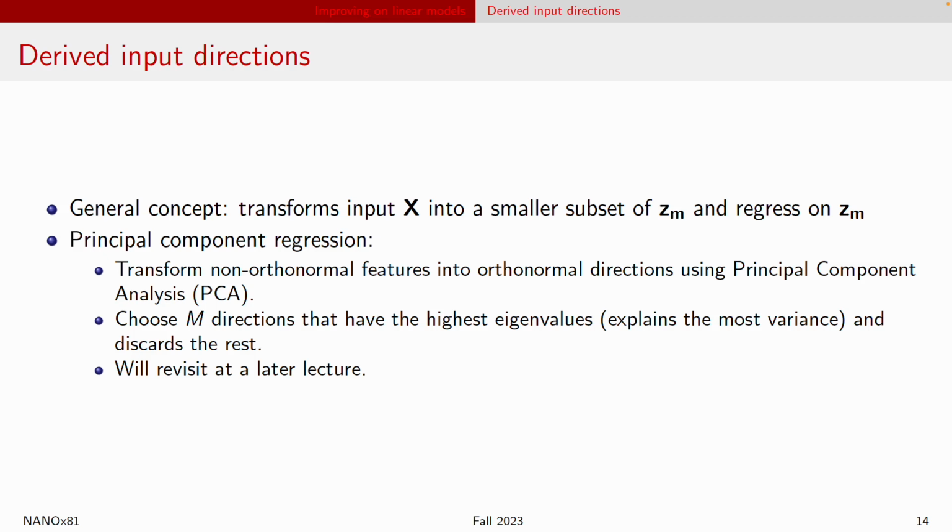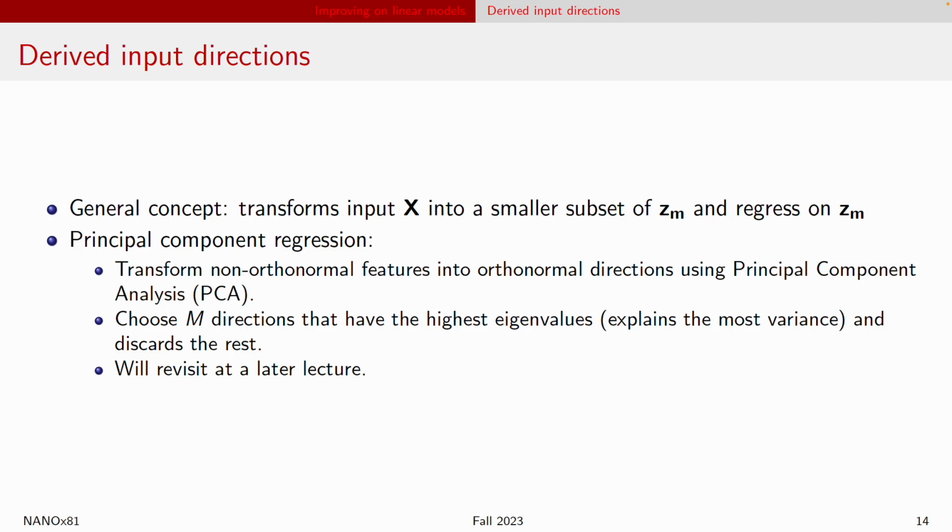Now, one very popular way to do this is using what's called principal component analysis. The way to do this is you transform all your non-orthonormal features into orthonormal directions using principal component analysis, and you get your vectors ordered by explained variance.